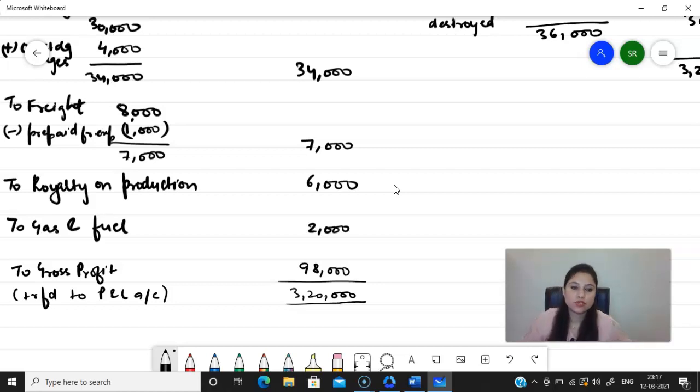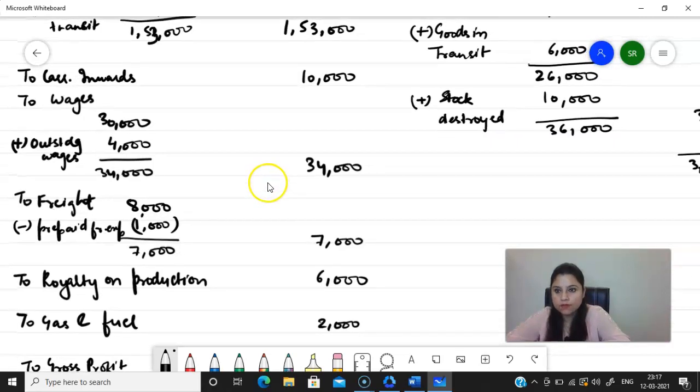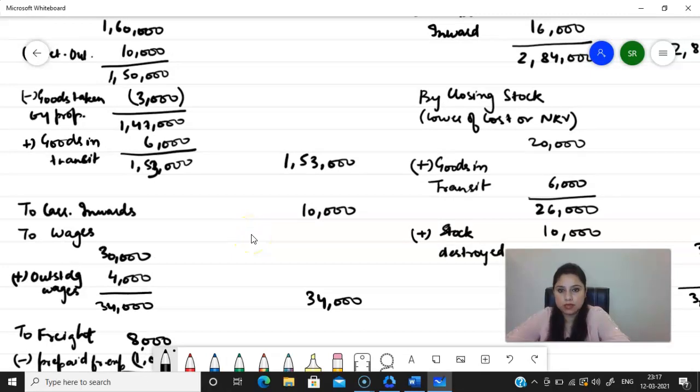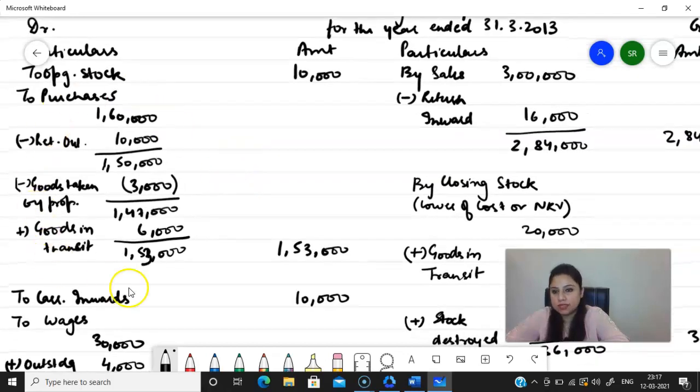And now, as I told you at the beginning of the solution only, either we can choose to write down the solution like this, wherein we have shown the adjustment in the trading account itself. Also, if you do not want to make the adjustments in the trading account and you want to separately draft the working notes first, do such adjustments as we have done here.